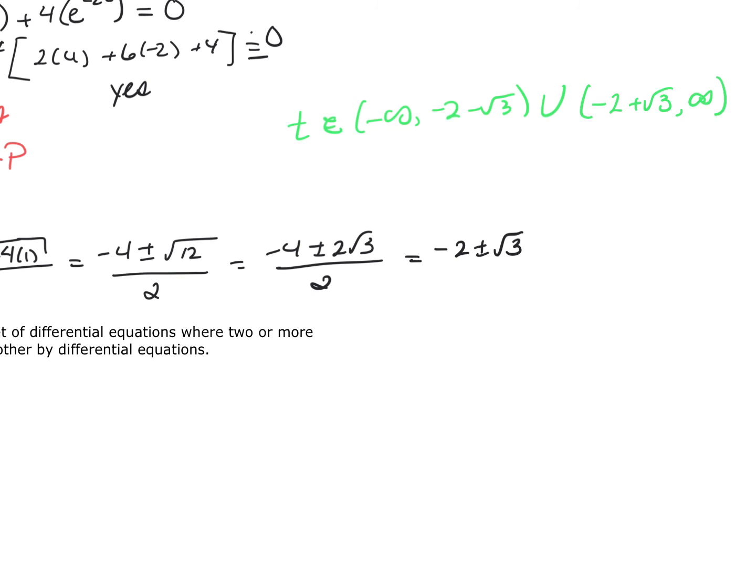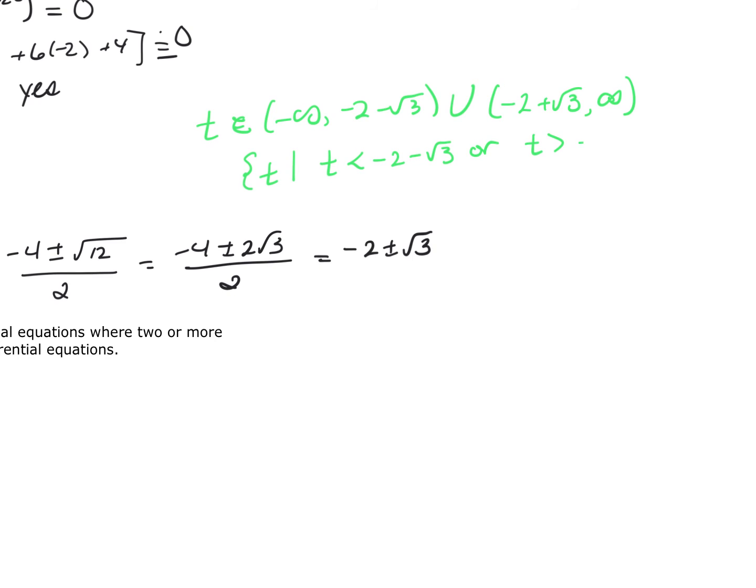So I can do it that way with interval notation. My set builder notation is t such that either t is strictly less than -2 minus the square root of 3, so it can't be equal, or t has to be greater than -2 plus the square root of 3.